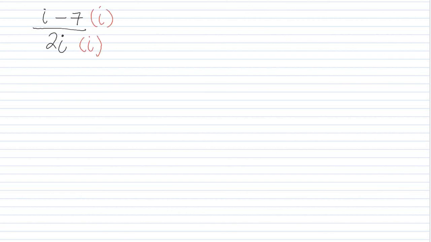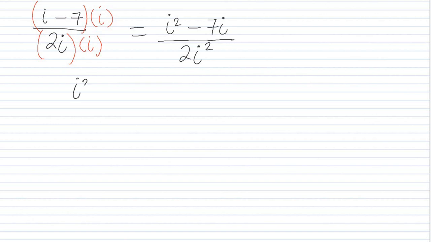And i here, so you have this, this is the bracket, so we can distinguish. So you have i squared minus 7i divided by 2i squared. What you end up with is this, and we're just going to do what we've done earlier on. Remember when I taught you i squared? i squared is the same thing as the square root of negative 1 all squared.